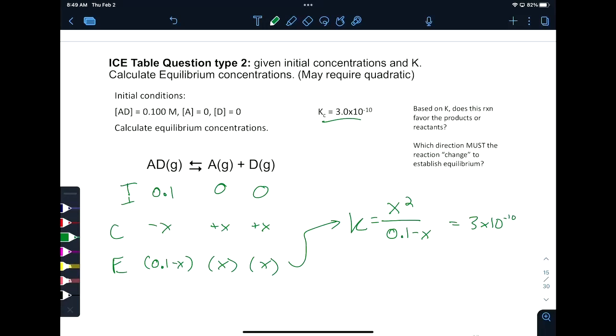Okay. Ew, that's a quadratic. Do you want to solve the quadratic? No, I don't. So we're going to use another approximation here. So the idea here is K is small. So what do we have in excess at equilibrium?